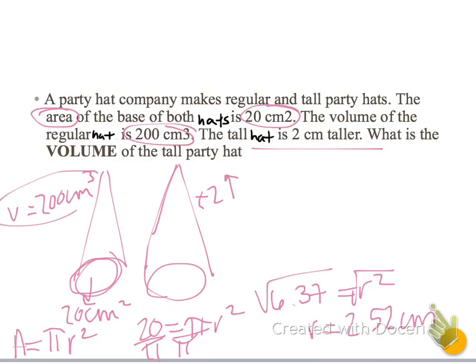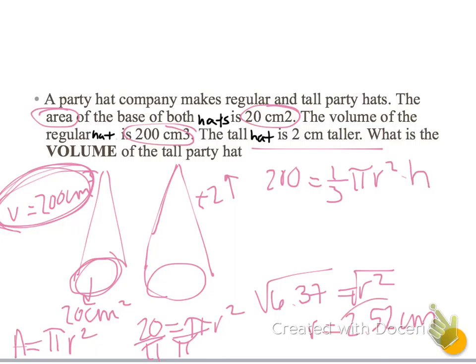Okay, well now we're going to have to use the volume equation, because I needed the radius and the height to get it. I found the radius, so now I have to use my volume equation for a cone. If I have my volume here, 200, I can set it equal to 1/3 pi r squared times my height.